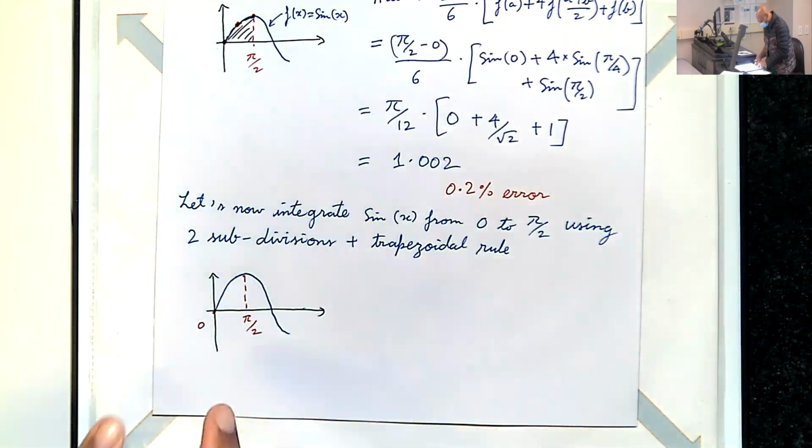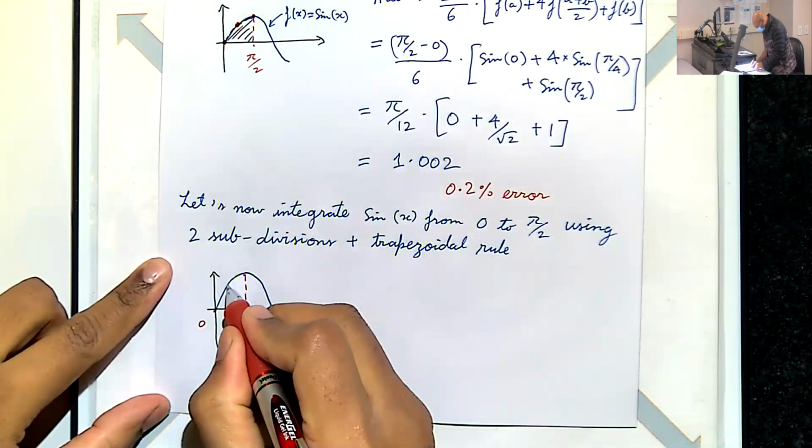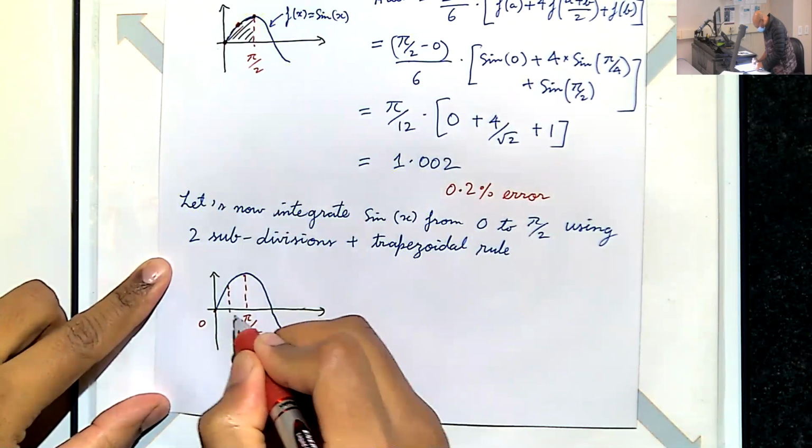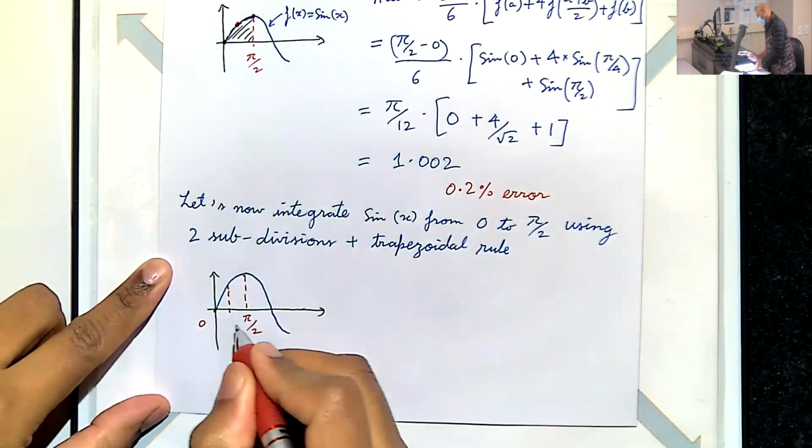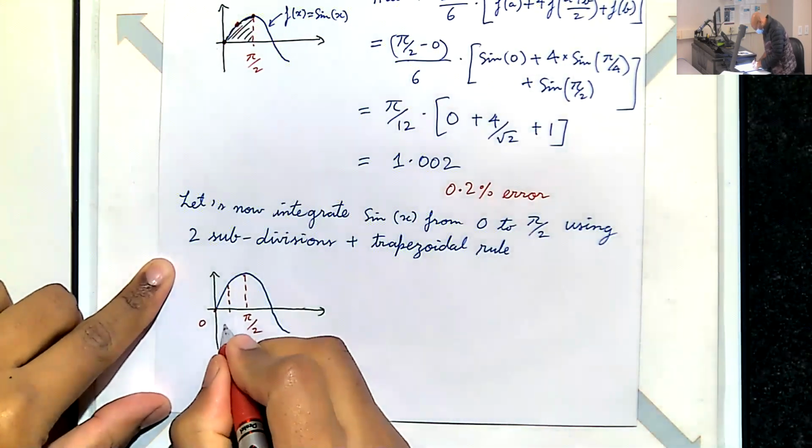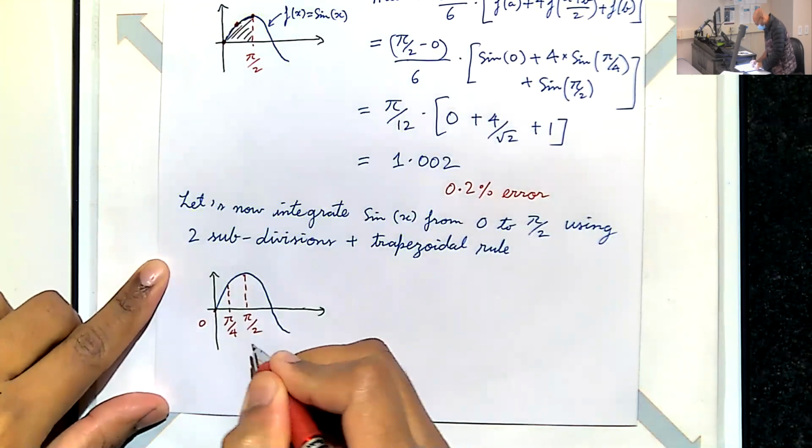All right, perfect. Let's look at the midpoint and cut it exactly into 2 equal subdivisions with respect to the x-axis, of course. So pi over 4 is our midpoint. What next?